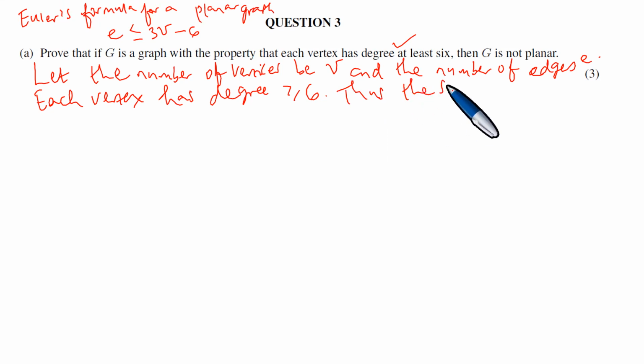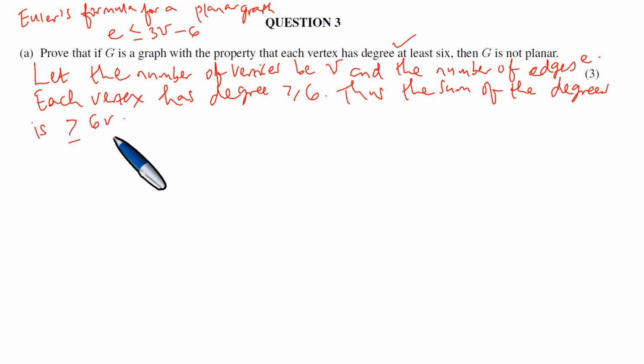Thus the sum of the degrees is at least 6V, because each vertex has degree at least 6, and therefore the sum of the degrees is at least 6V.